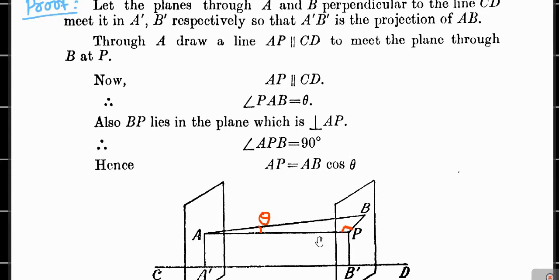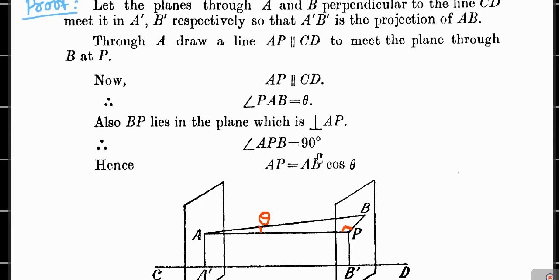Therefore line AP is perpendicular to line BP, as shown here by the right angle. So angle APB is equal to 90 degrees.